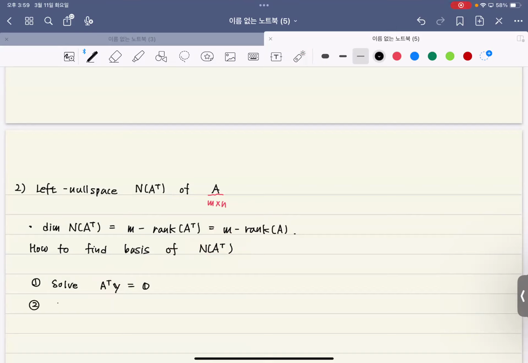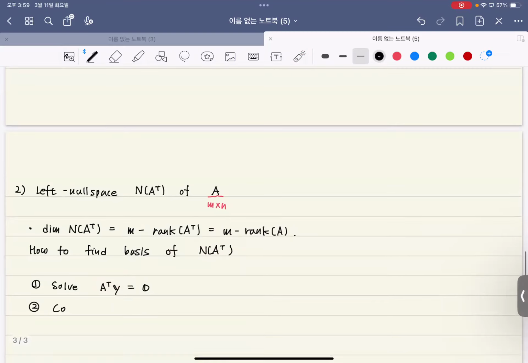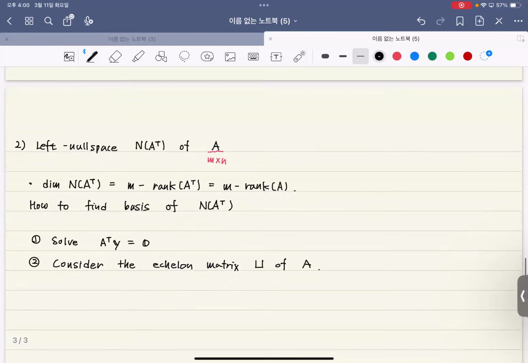First, we begin from the echelon matrix U of matrix A. If you think of an echelon matrix, this is the same as the LU factorization.